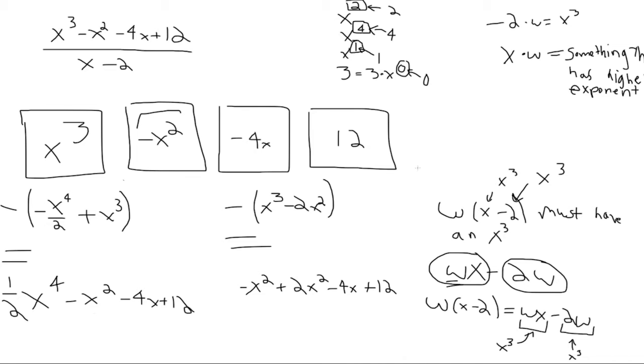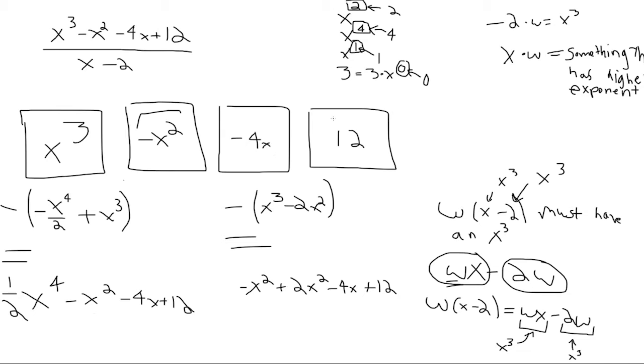Sorry. So the other term that is produced is definitely going to have a lower exponent than this x cubed here, right? Because we chose the x to multiply by w to equal x cubed, not the negative 2.